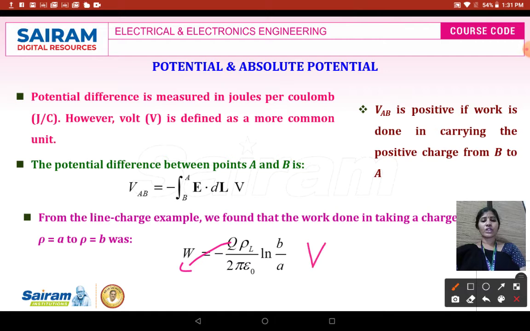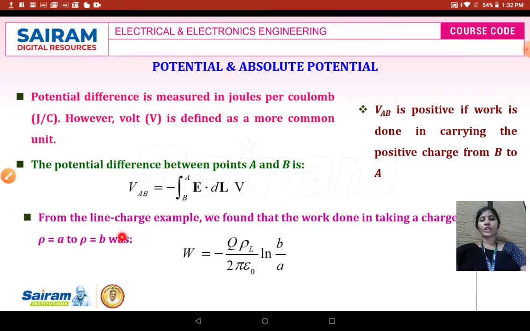So the potential V is equal to minus rho L divided by 2 pi epsilon ln of B divided by A. This is when moving the point charge from point A to point B.